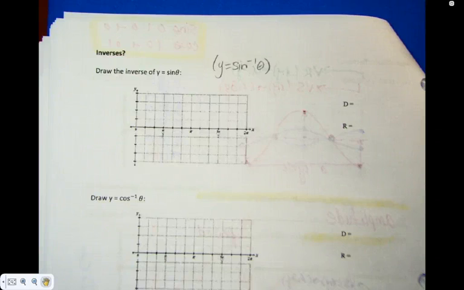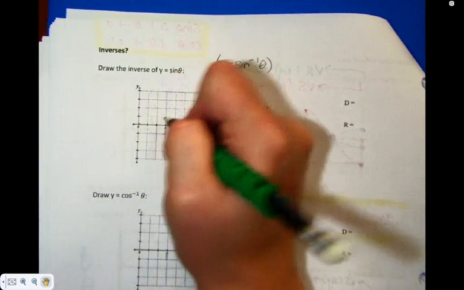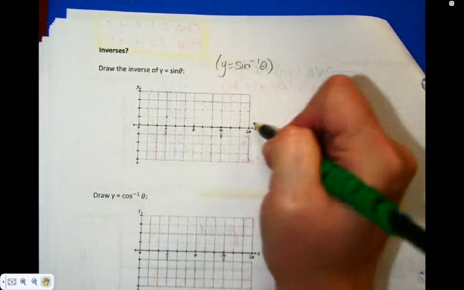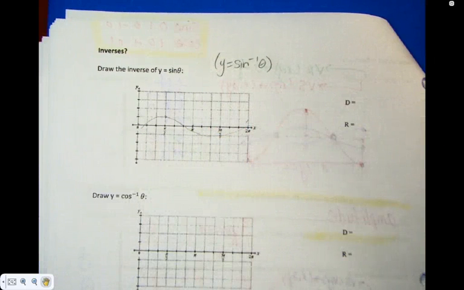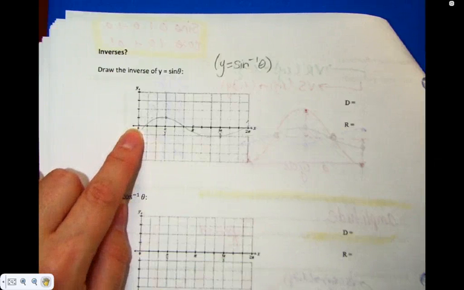Base graph is sine theta. So remember sine theta goes 0, 1, 0, -1, 0. Okay, 0, 0, flip those coordinates. 0, 0.